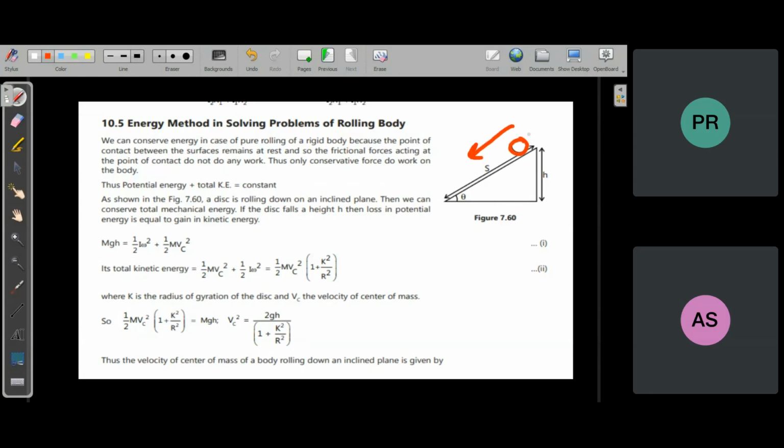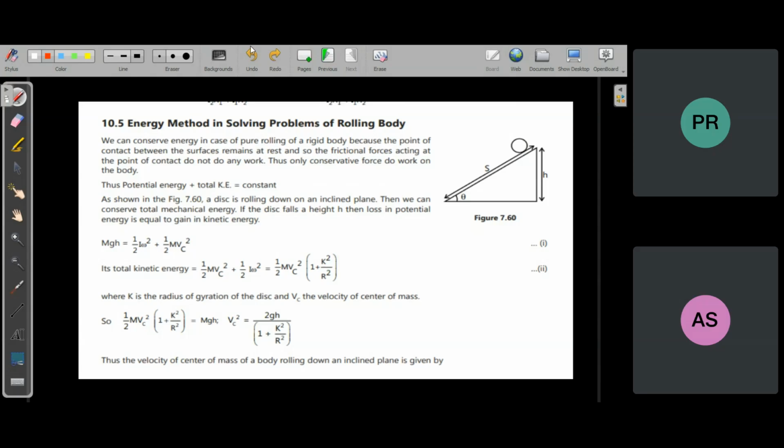Will the mechanical energy of this body be conserved while it is rolling down? But friction is also there between the sphere and the inclined plane. So it should be conserved or not conserved? It should be not conserved, no, sir.